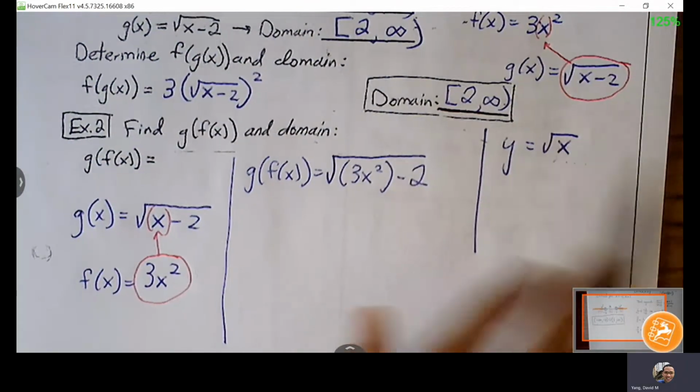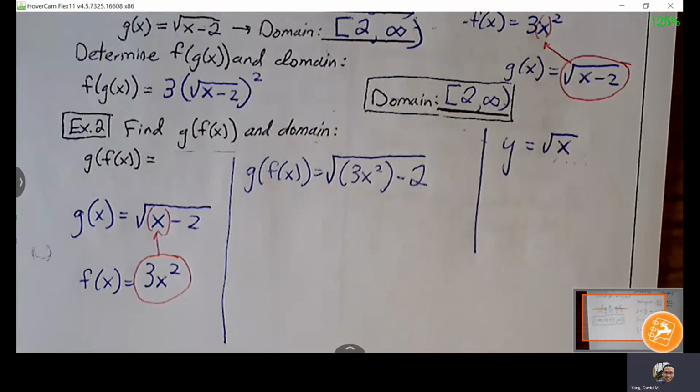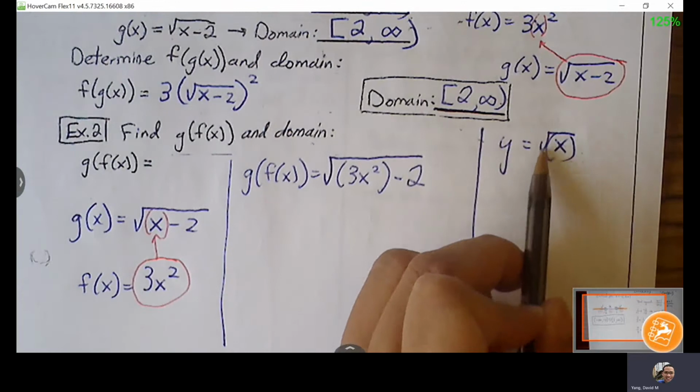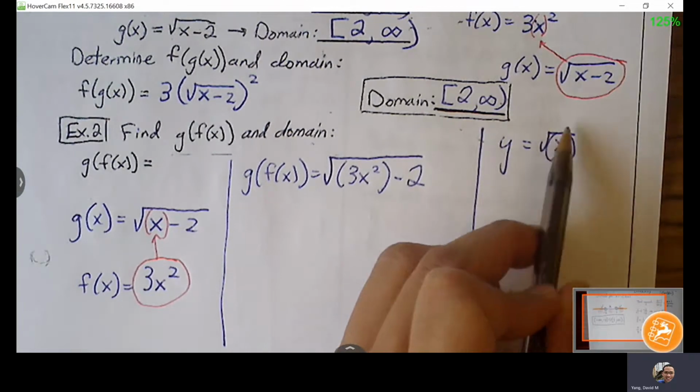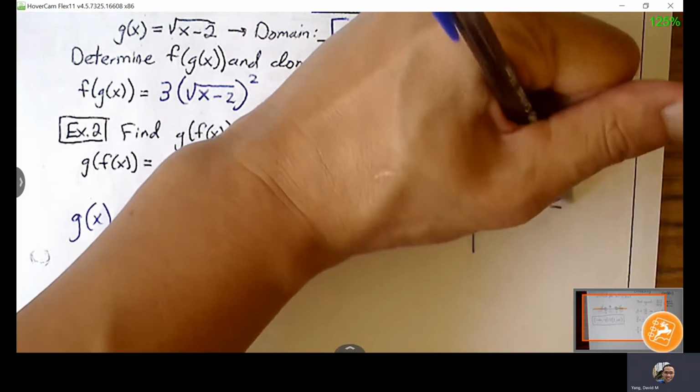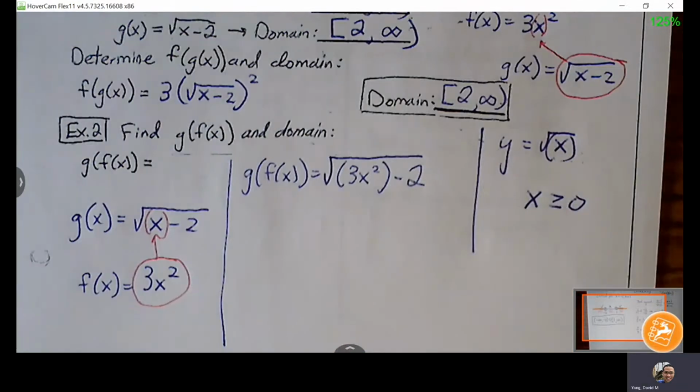We know that x has to be greater than or equal to 0, because any negatives are just not going to be part of our real number system. So basically, anything inside my radical function has a restriction that it needs to be greater than or equal to 0. Otherwise, it will not show up on my radical function.